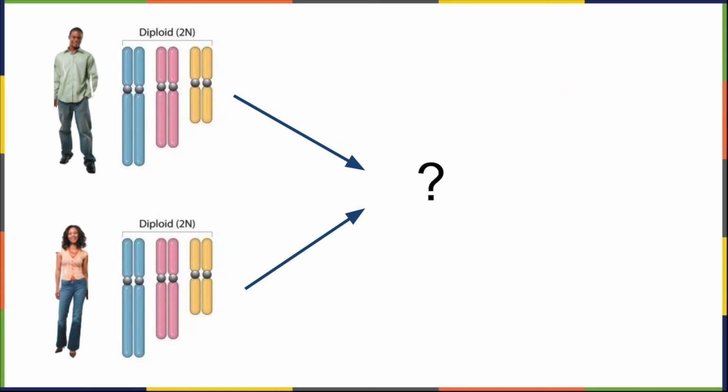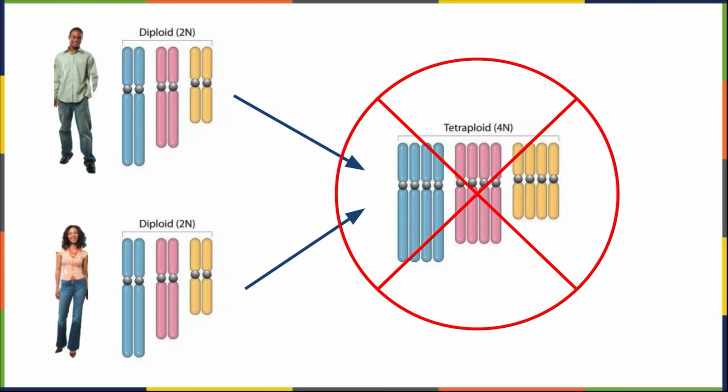So, what's the solution? We need some mechanism or some way to reduce the number of chromosomes of each parent. So that way, when they're combined, they make a full normal amount of chromosomes. In this case, a pair, one from each parent. If we could do that, then we would have offspring that have pairs of chromosomes instead of sets of 4.